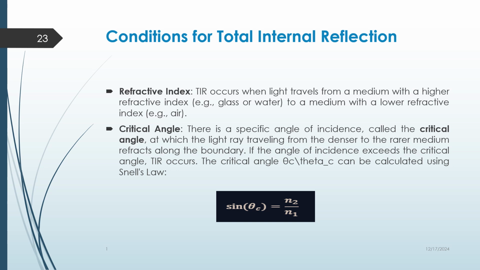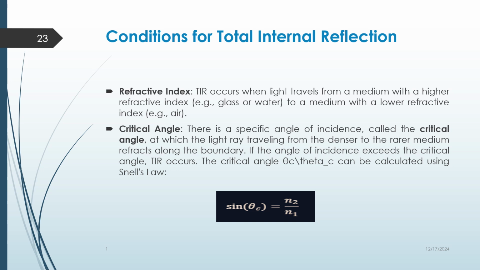Total internal reflection occurs when light travels from a medium with a higher refractive index to a medium with a lower refractive index. There is a specific angle of incidence called the critical angle. By using Snell's law, the critical angle is the angle at which the light ray traveling from a denser to a rarer medium refracts along the boundary.